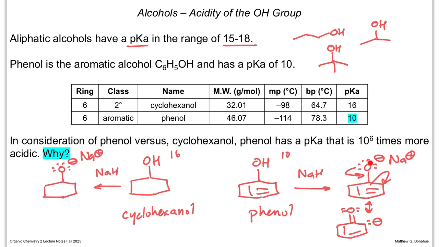So the charge went from oxygen to carbon, and then from this we can draw two more where that negative charge goes to the para position and back to the other ortho.